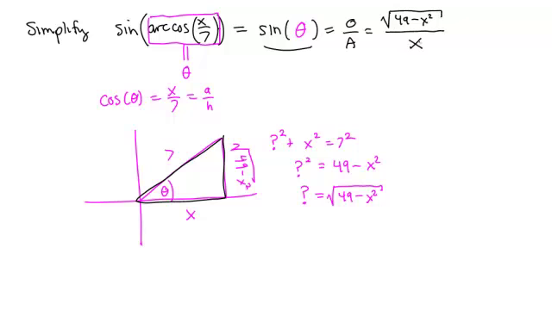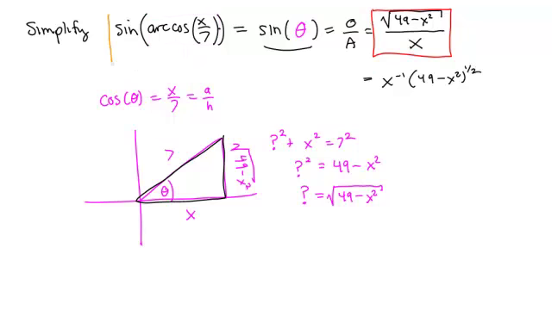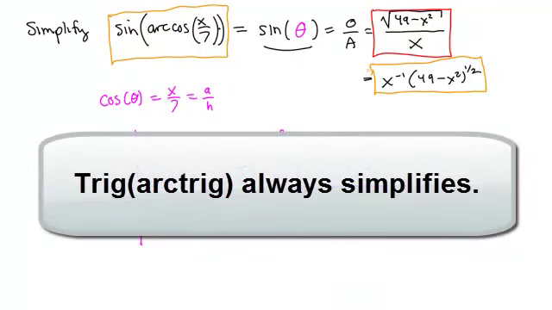And so the sine of the arccosine of x over 7 can be simplified to the square root of 49 minus x squared over x. Or, if you'd like to prep it, which is not a bad call, x to the minus 1 times 49 minus x squared to the positive 1/2 power. So notice, the thing on the left was chock full of trig, but the thing on the right has absolutely no trig in it whatsoever. Trig of arctrig always simplifies.